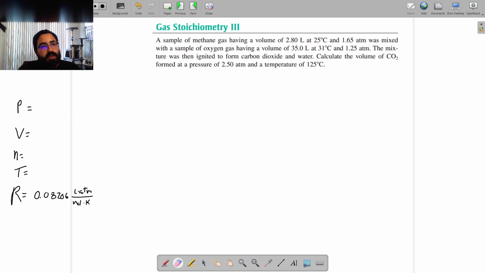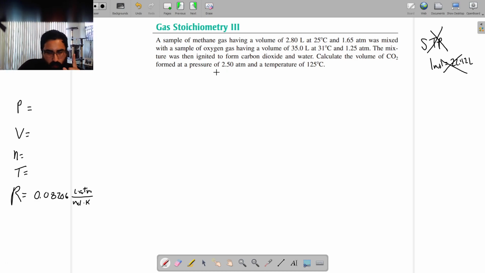The mixture was ignited to form carbon dioxide and water. Calculate the volume of CO2 formed at a pressure of 2.50 atm and that temperature. Oof. So, did it mention STP? No. So, we can't use molar volume. We can't say that 1 mole is 22.42 liters.